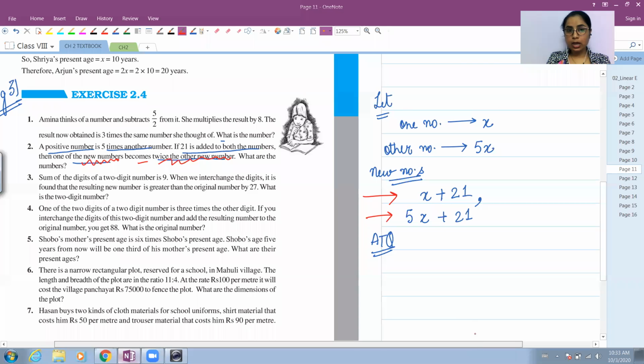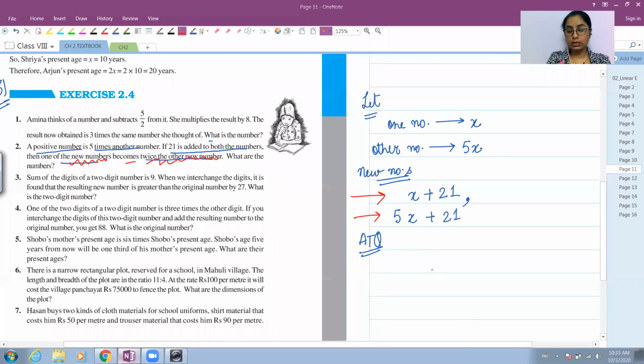I'll just write down and let me know if you understand what this means. They are saying one new number equals 2 times the other new number. And what I understand from this is that this number will be larger and this one will be smaller. Is that correct?